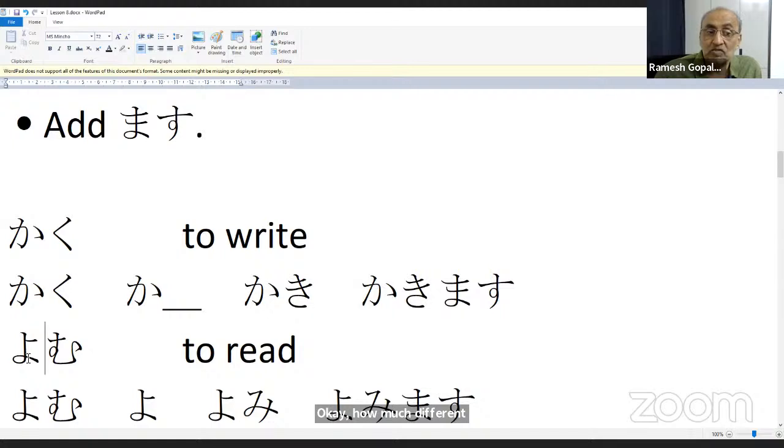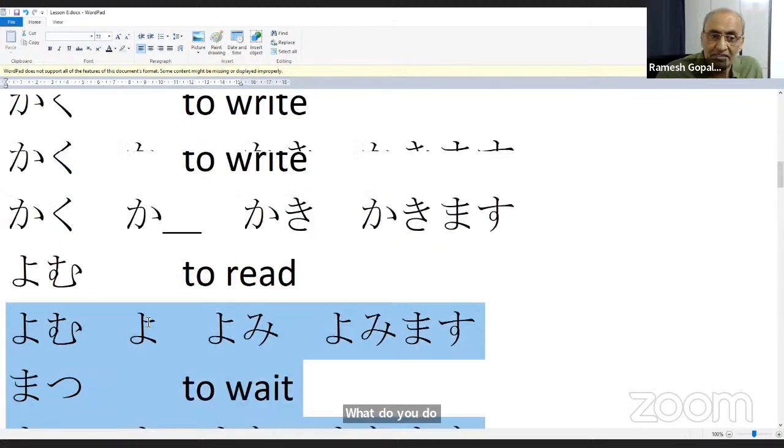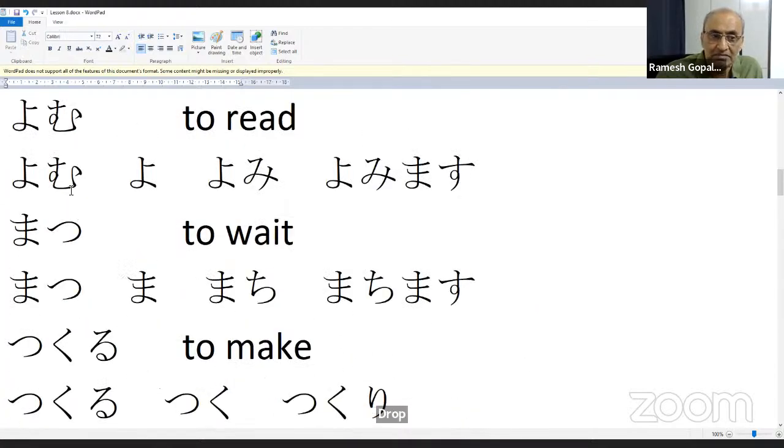Okay. Next, yomu. How does it end? What is the final kana? U. And u sound. So, group 1 verb. What do you do? Drop the final kana. What is the final kana? Mu. And you're left with yo.